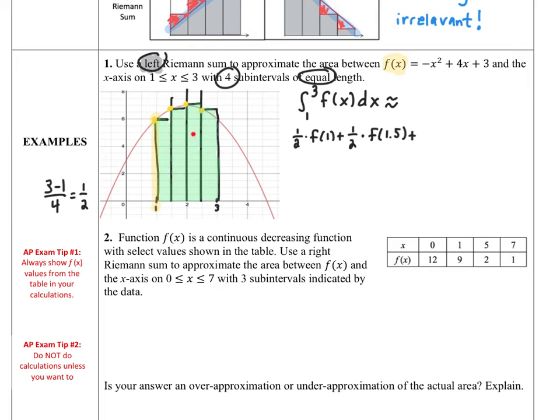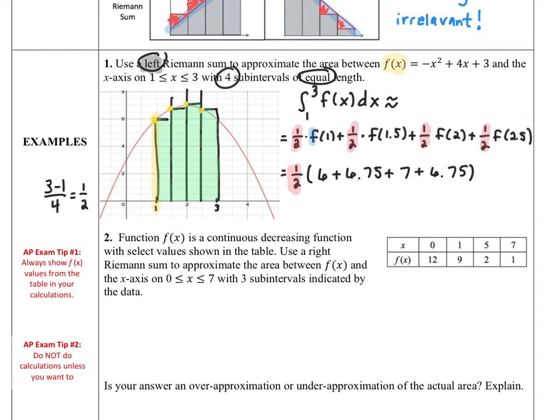Rectangle number 3 is right here. 1/2 unit wide. Its height is obtained by plugging the 2 into f of x, so f of 2. And the height of my last rectangle, when x is 2.5, will give me the height, so 1/2 times f of 2.5. Because each one of my rectangles had a uniform base of 1/2, I just went ahead and factored that out.